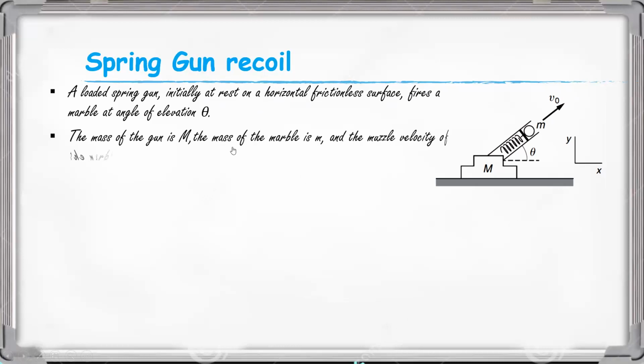The mass of the gun is taken as M and the mass of the marble is small m, and the muzzle velocity of the marble, the speed with which the marble is ejected relative to the muzzle, is taken as V0.